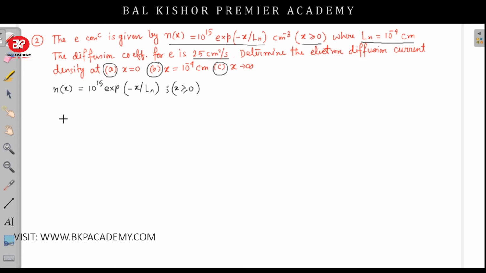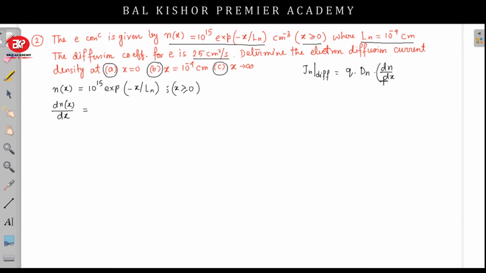Now we need the concentration gradient dn by dx, because the electron diffusion current Jn is equal to q into Dn into the concentration gradient dn by dx. The q value we know is constant, Dn is given, but we do not know the concentration gradient.